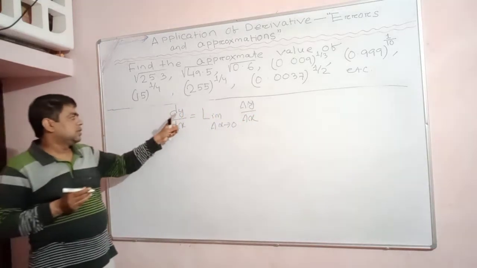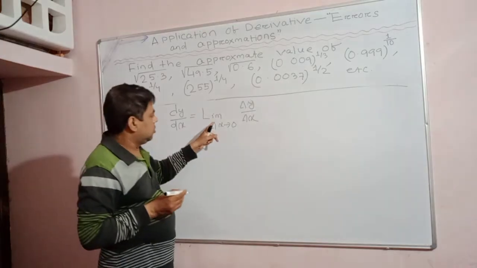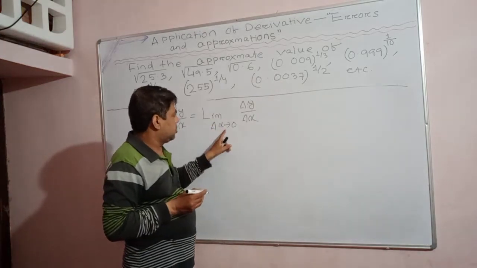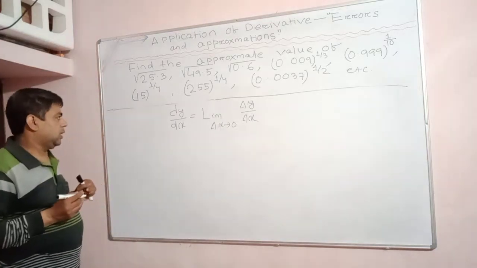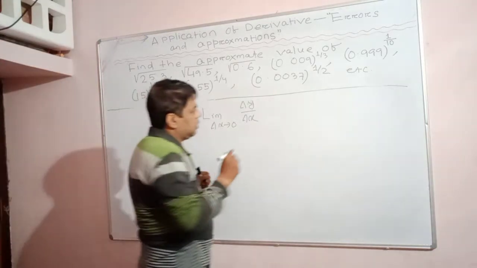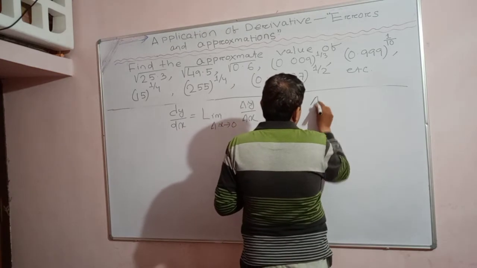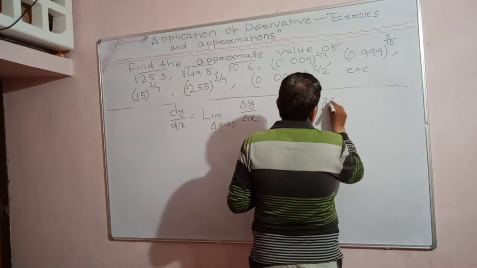We know that dy by dx is equal to limit del x approaches 0 of del y by del x. Understand? So what is del y?